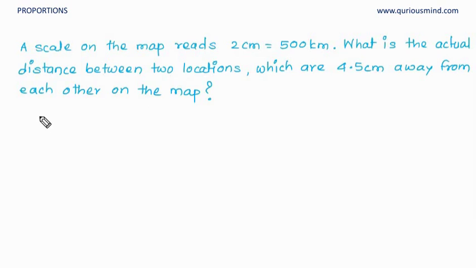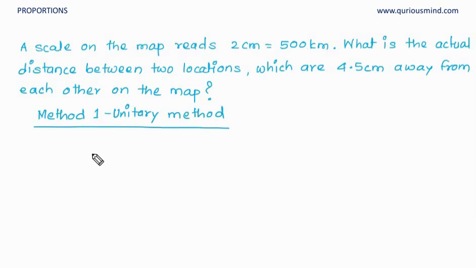So let's talk about method 1. This is also called the unitary method. Here, what we do is, if 2 centimeter is equal to 500 kilometers, what is 1 centimeter equal to? So 1 centimeter will be equal to half of this, 250 kilometers.